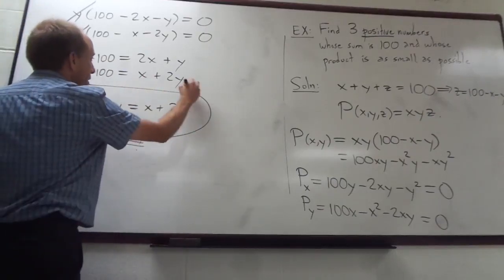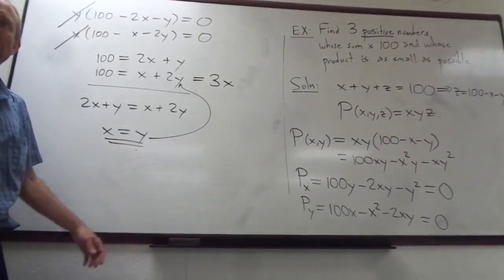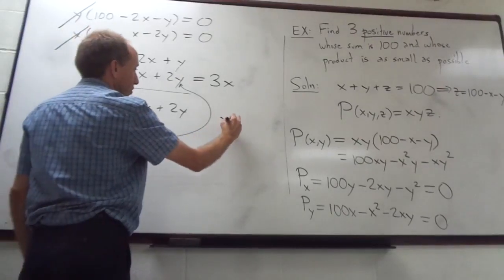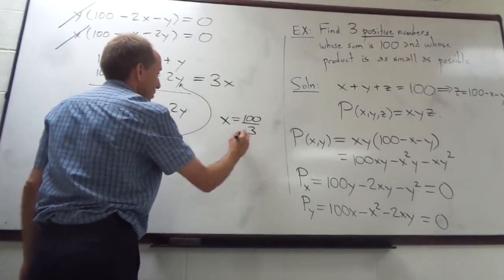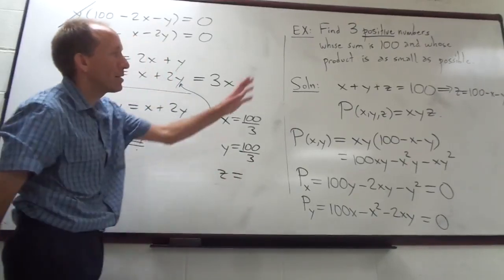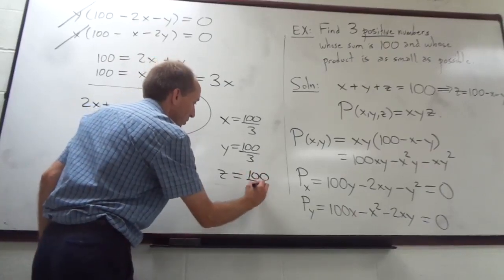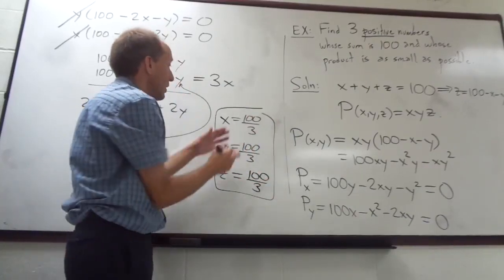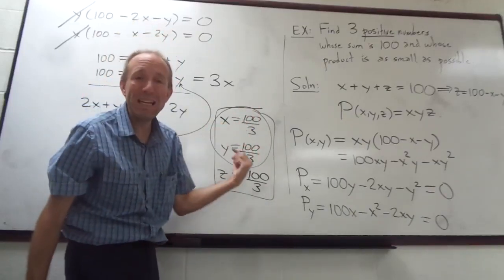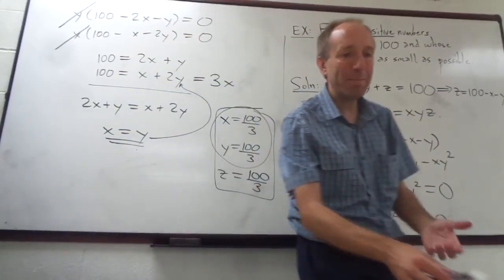If I go back and plug that information into either one of the two equations, if I replace the y with x, I'm just going to get 3x equals 100. So x is 100 over 3, y is 100 over 3, and if you now go back and substitute what z would be equal to, you're also going to get 100 over 3. So this is, again, the only critical point that we found, so it must be the point that we're looking for.